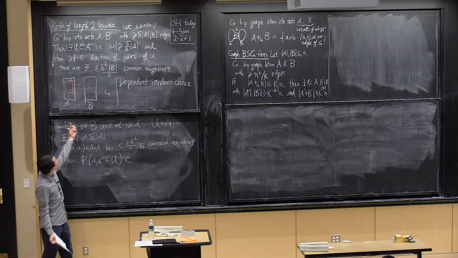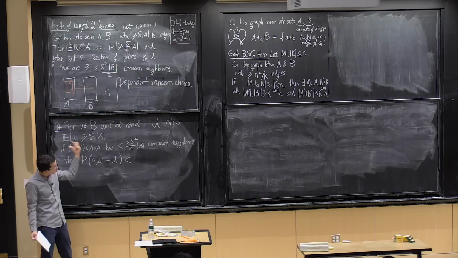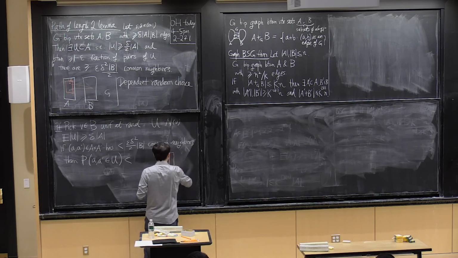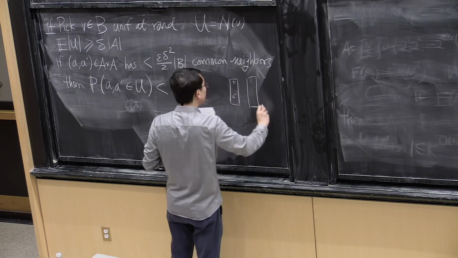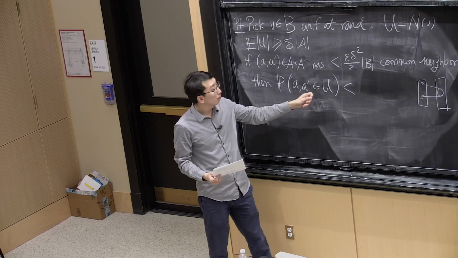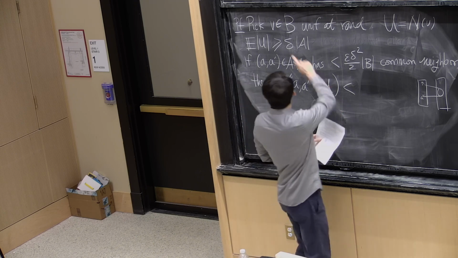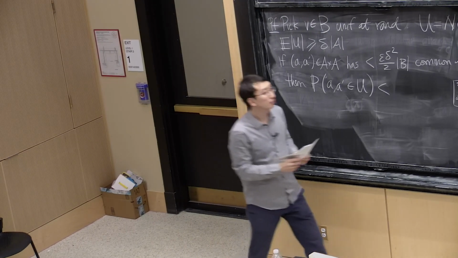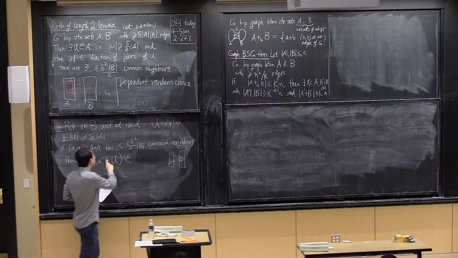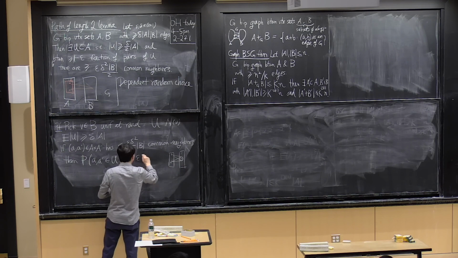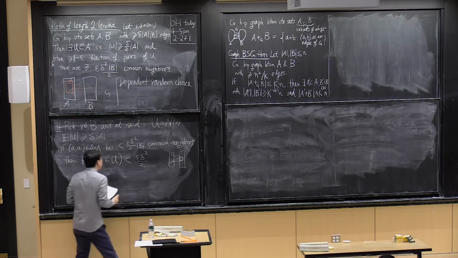Okay? Because if A and A prime have a small number of common neighbors, in order for A and A prime to be included in this U, you must have chosen, okay, so suppose this were their common neighbor, then in order that A and A prime be contained in U, you must have chosen this V to be inside the common neighborhood of A and A prime, which is unlikely if A and A prime have a small number of common neighbors. So this probability is at most epsilon delta squared over 2.